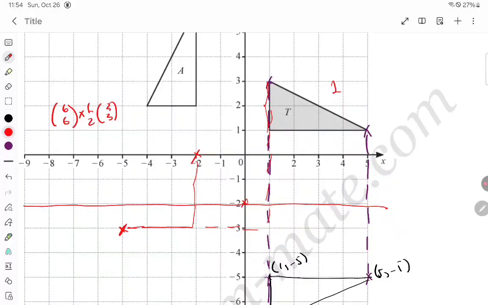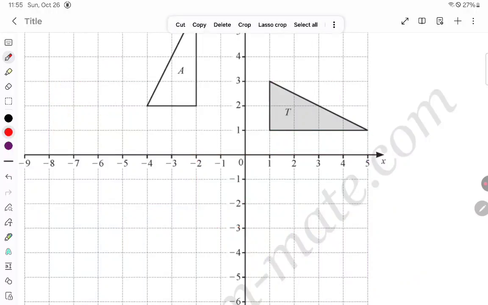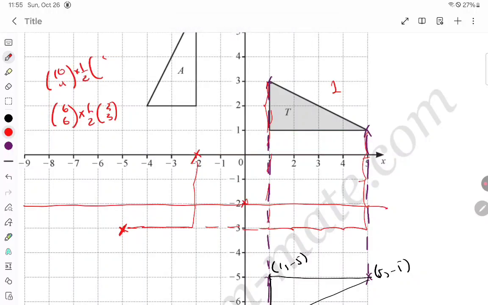For the second point, this is 6, 7, 8, 9, 10, and 1, 2, 3, 4. So 10, 4 will become, when we multiply with half, 5, 2. So for 5, 2, move from the center 1, 2, 3, 4, 5, and 1, 2.